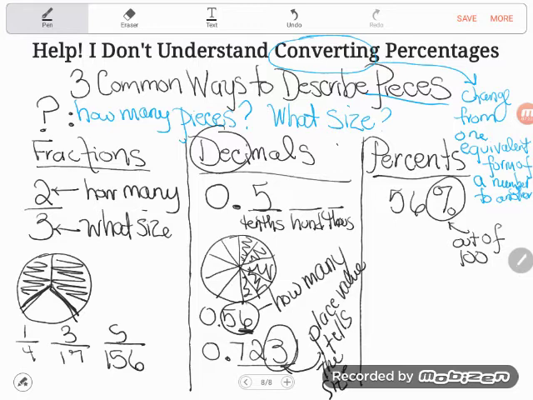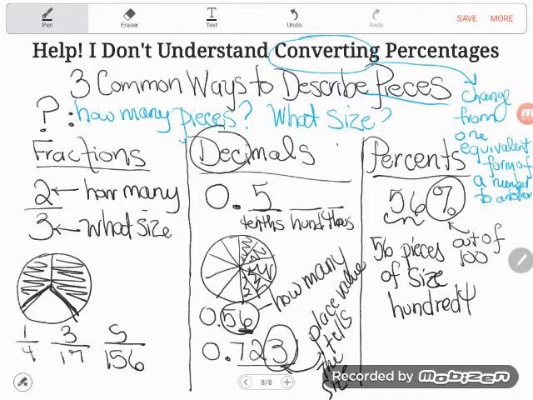So if I say 56%, I am saying 56 pieces of size hundredth. Percent means break something into 100 pieces. So with fractions, we can break into any size piece. With decimals, we can break into any power of 10: 10, 100, 1,000. But with percents, it's always based out of hundredths. Those pieces are always taking the total and breaking them into 100 equal pieces.